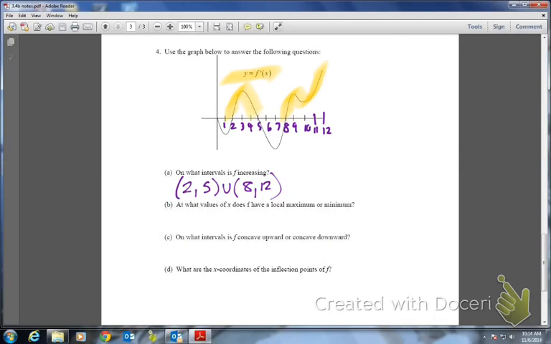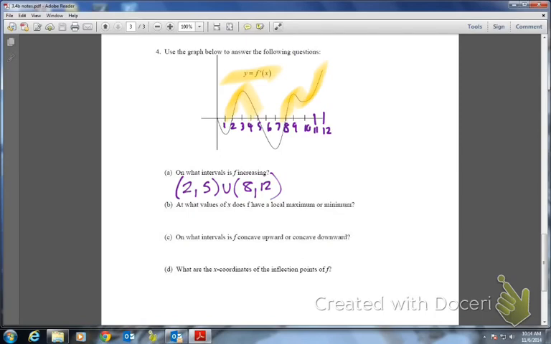All right, for part B, at what values of x does f have a local maximum or a local minimum? So local maximums occur when f prime does what? When f changes from increasing to decreasing, there's a local maximum. What does that tell you about f prime? When it goes from positive to negative. Good.